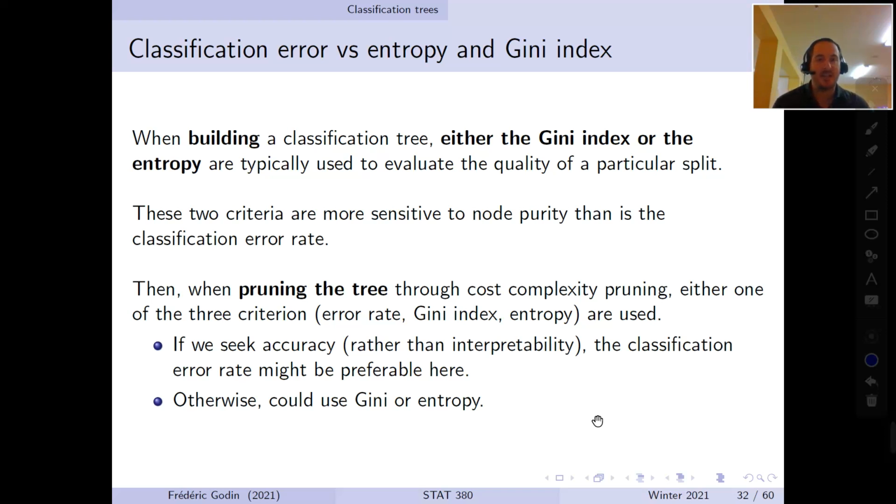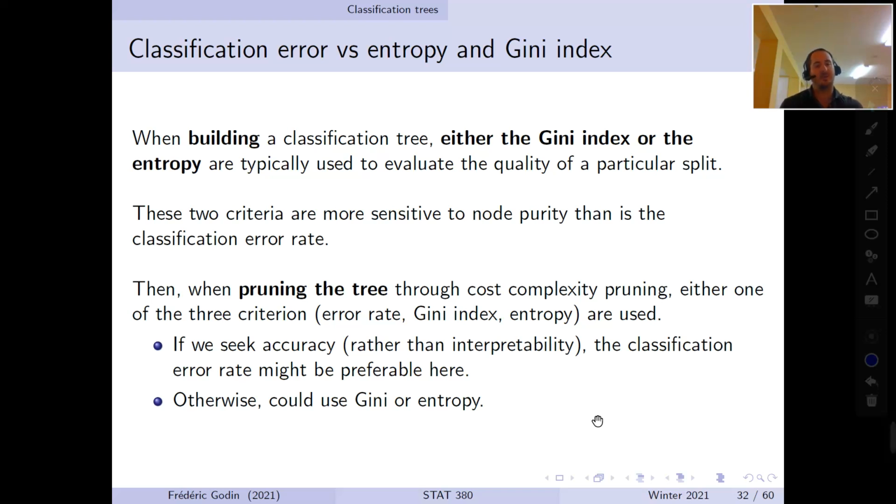Now, classification error versus entropy. It has been observed that the Gini index and the entropy are typically much more sensitive to homogeneity or node purity than is the classification error rate.